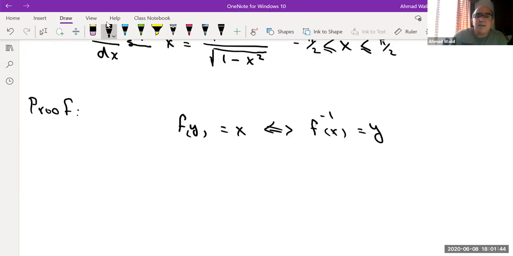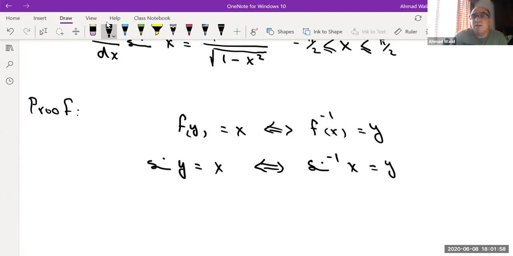Now, if I have, for example, sine y equal x, then definitely I can say sine inverse of x should become y. Of course, you have your restriction, x between negative pi over 2 and pi over 2.